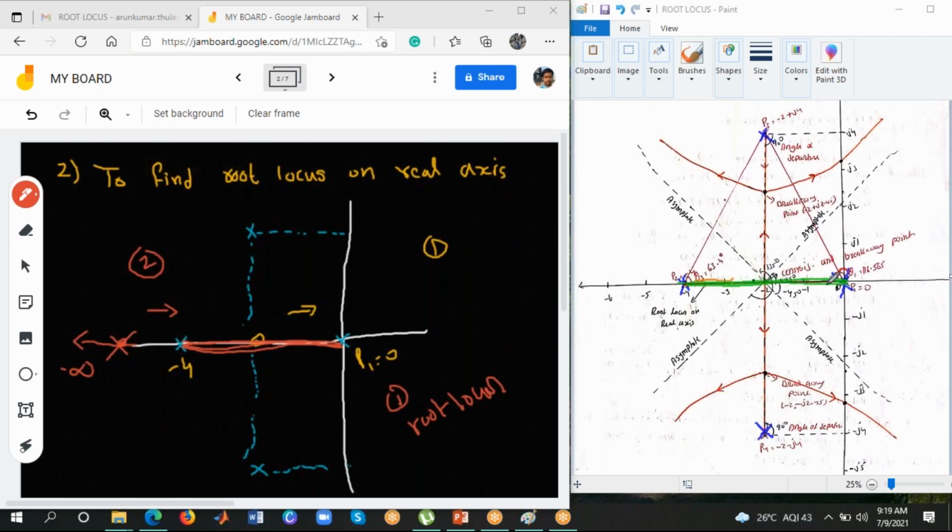After that we don't have the root locus. Okay? So just note this. This is the root locus on the real axis. The root locus is available in between 0 and -4.